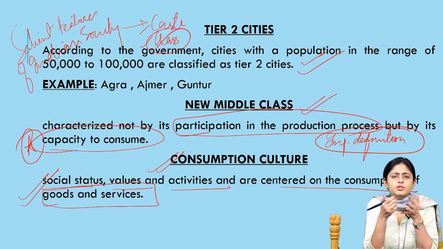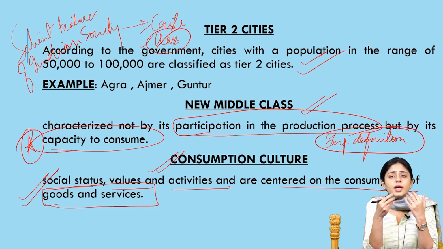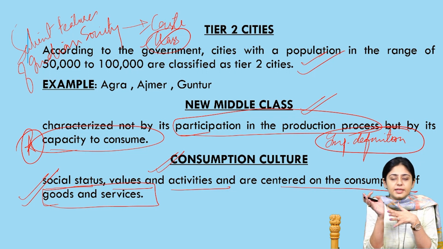They're uploading different stories, multiple stories, right? Then, you are clicking aesthetic photos in the name of aesthetics. You're showing off probably your iPad or your new iPhone. So what is this? You are trying to emulate, or you're trying to display your consumption habits, which is giving you a certain kind of status in the society, right? So this is your consumption culture.